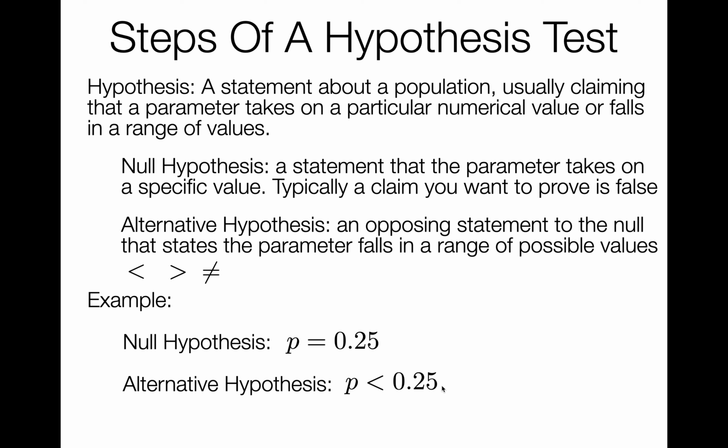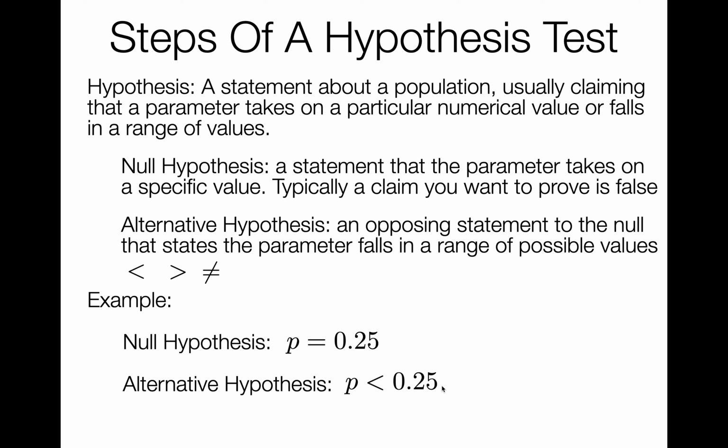Okay, that also came out of nowhere. It's just an example. But what you should notice about the null and alternative hypotheses here is that the letter on the left side of the hypotheses, which is p, is going to be the same in both hypotheses.